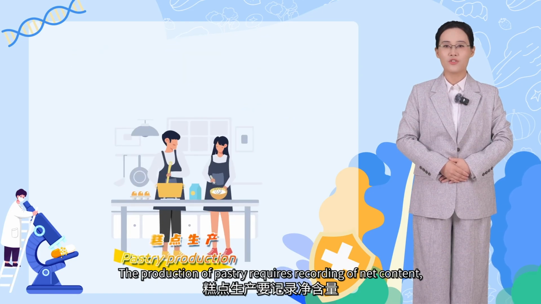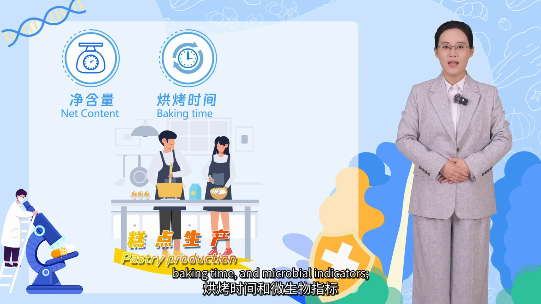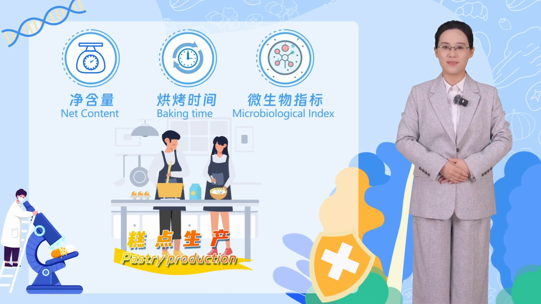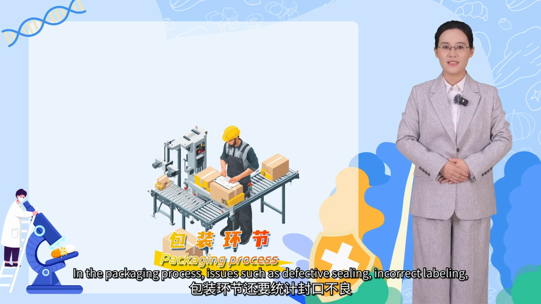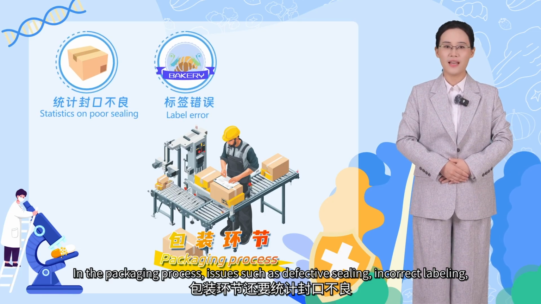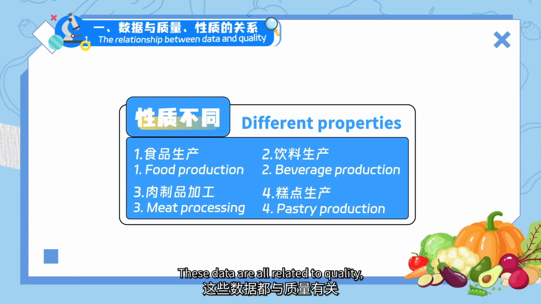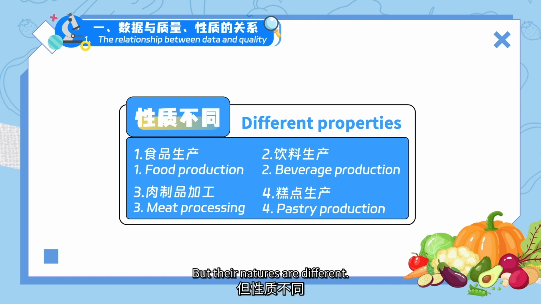The production of pastry requires recording of net content, baking time, and microbial indicators. In the packaging process, issues such as defective sealing, incorrect labeling, and damaged packaging should also be recorded. These data are all related to quality, but their natures are different.